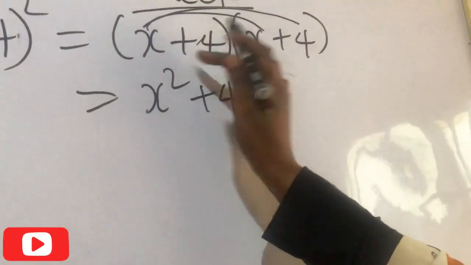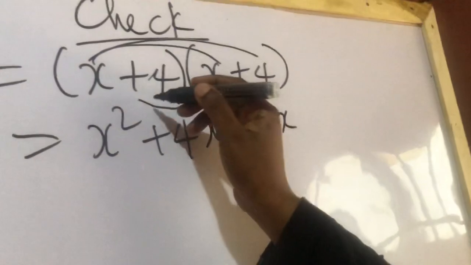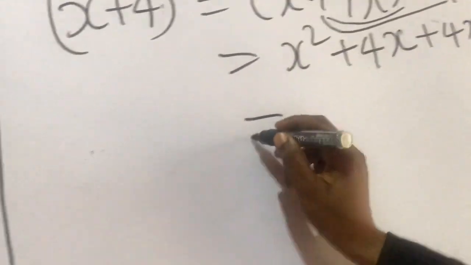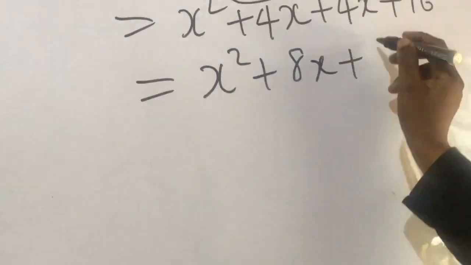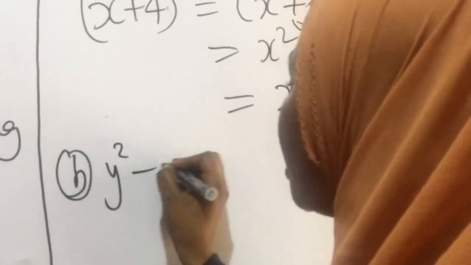Plus 4 multiplied by x gives plus 4x. Plus 4 multiplied by plus 4 gives plus 16. So we have x squared plus 8x plus 16. Isn't that simple? Now B, y squared minus 7y.